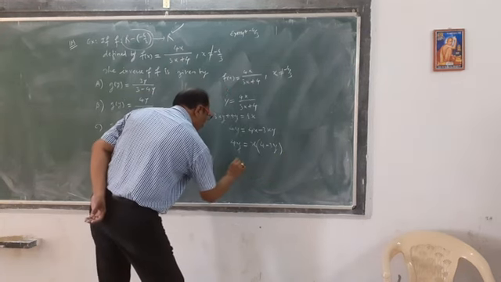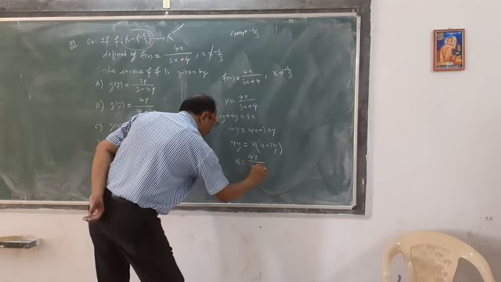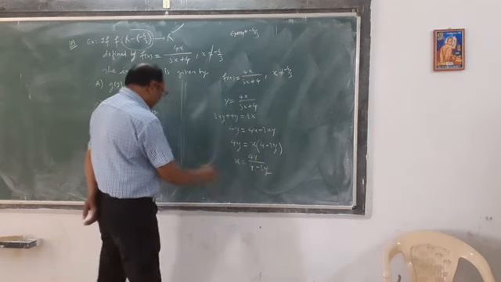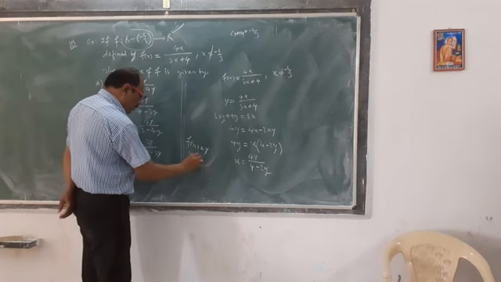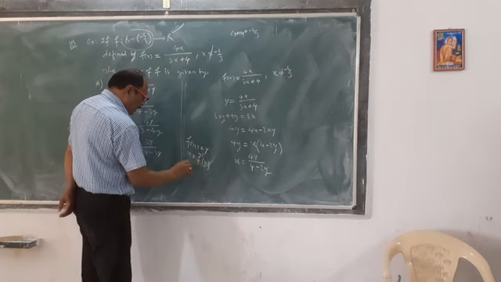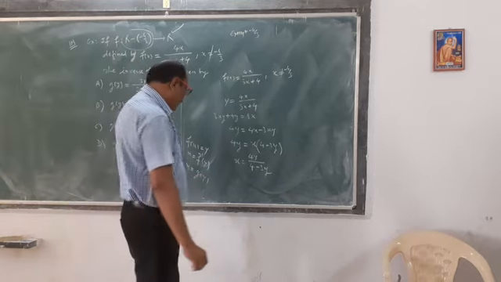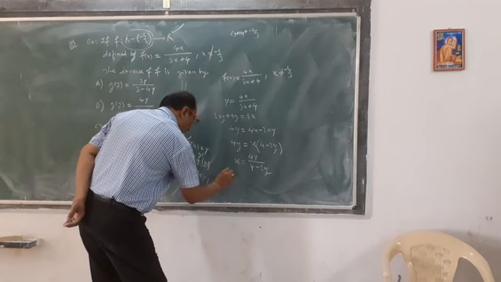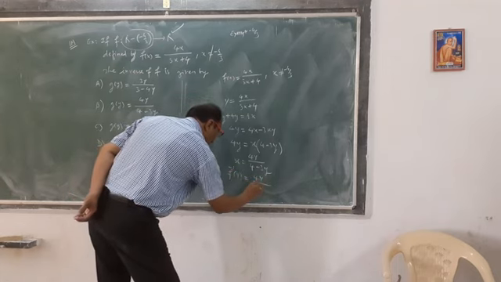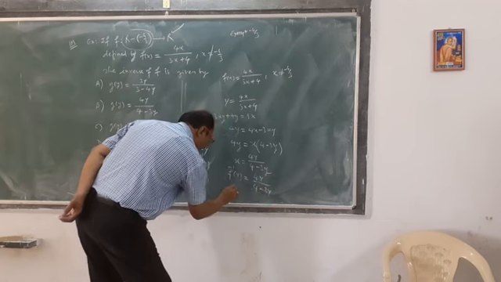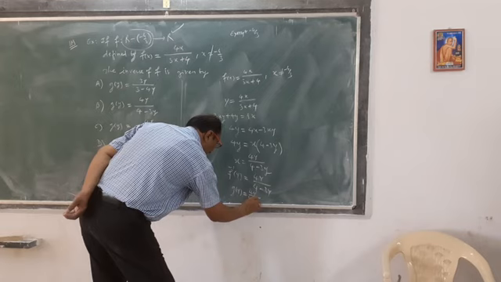Therefore x is equal to 4y upon 4 minus 3y. f of x is equal to y, then x is equal to f inverse of y. Therefore, f inverse of y is equal to 4y upon 4 minus 3y, that is, g of y is equal to 4y upon 4 minus 3y.